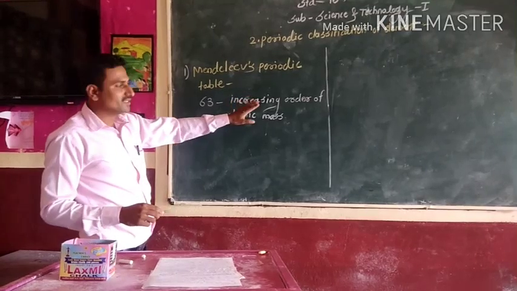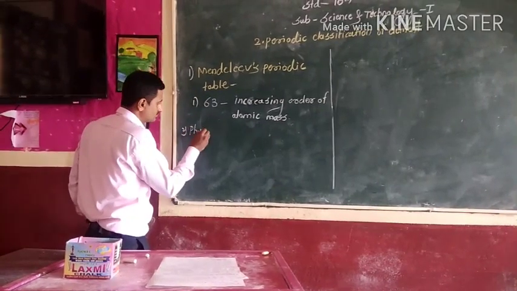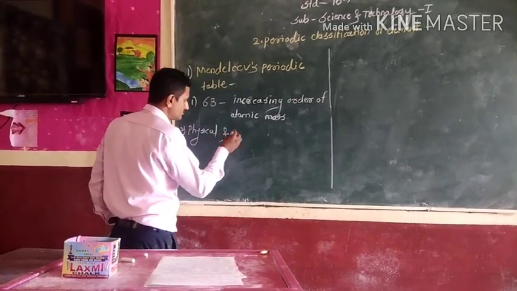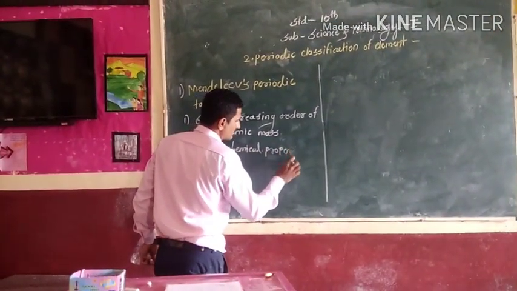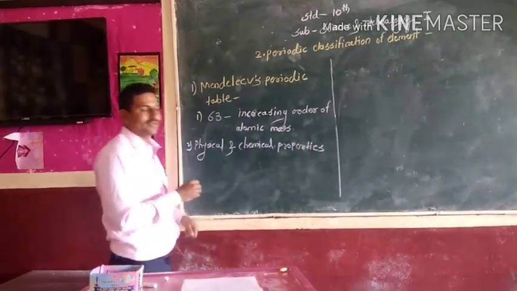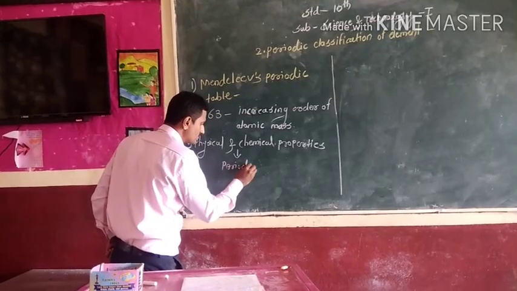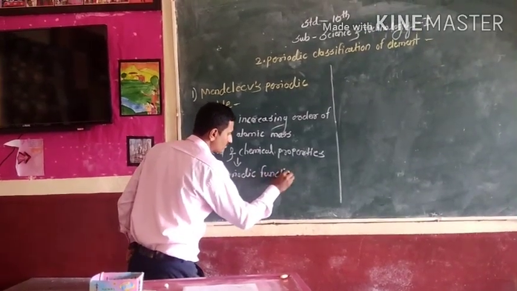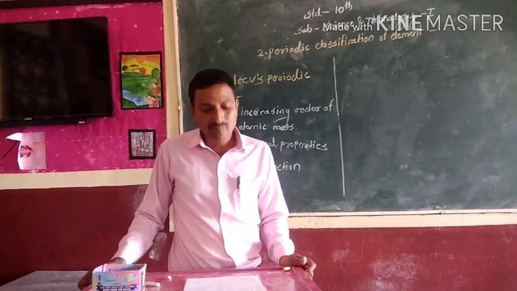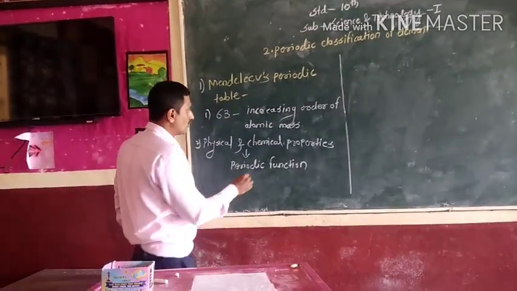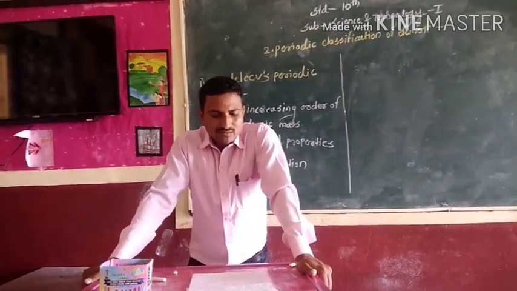When the elements are arranged in increasing order, their physical and chemical properties are periodic functions of atomic masses. They depend upon the atomic masses.